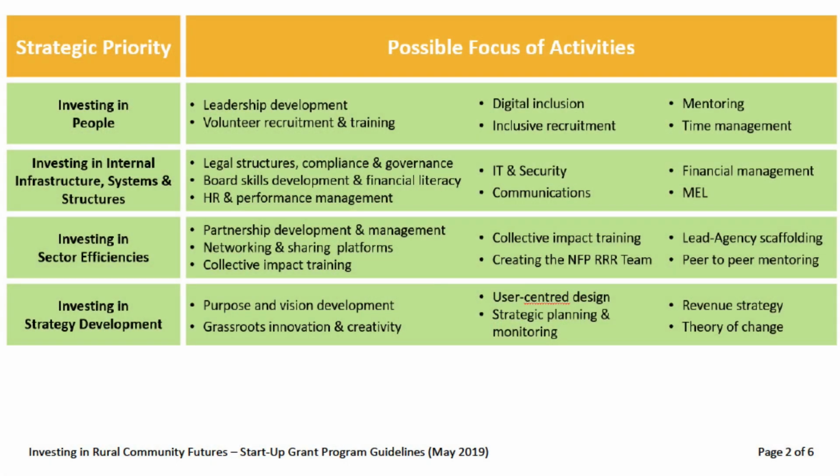That's what we're really looking for in that response. The guidelines are linked there, so you can quickly go and have a look if you're unsure, and there are some diagrams there of the types of things we're talking about when we talk about those 4 key priority areas. So that question is really about demonstrating the program's value in terms of our investment. That needs to be really clear as to how it links with our guidelines.